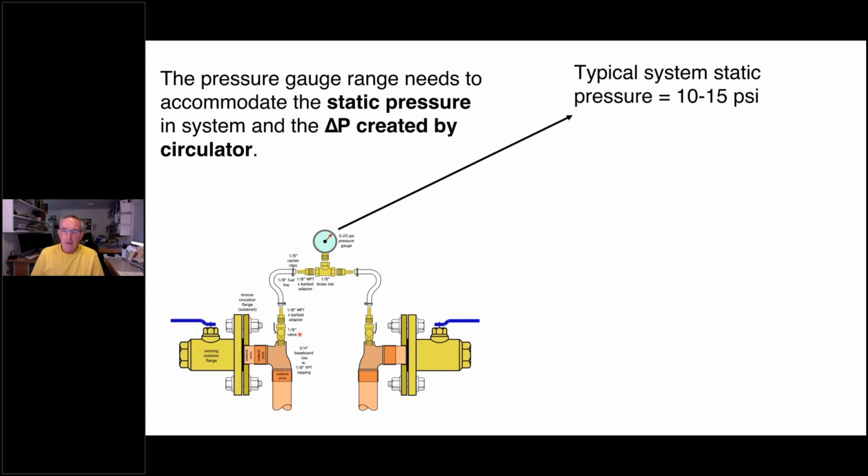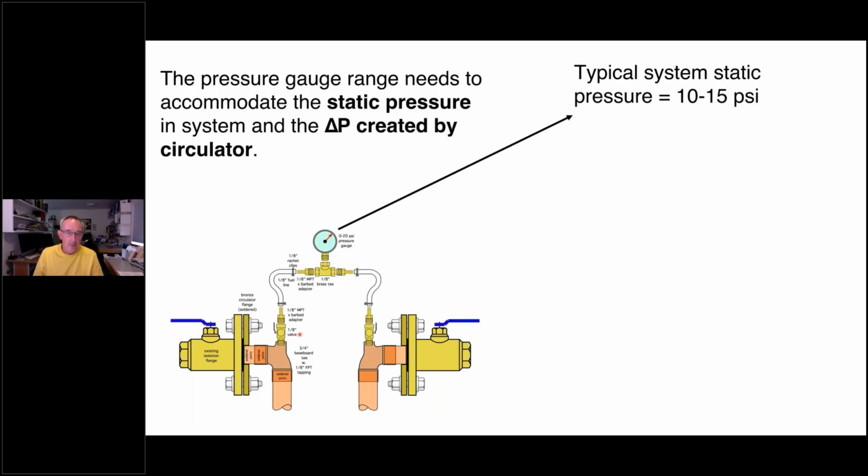So, for example, let's say the static pressure was 15 psi, and if we put in a pressure gauge that only goes from 0 to 10 psi, we're going to spike the needle right to the end of the gauge. The needle would like to go farther, but it can't. So we have to have some idea what the static pressure is. And typically there is a pressure gauge in most hydronic systems. Sometimes it's part of the gauge on the boiler or a separate gauge.